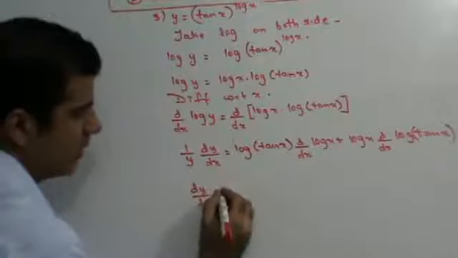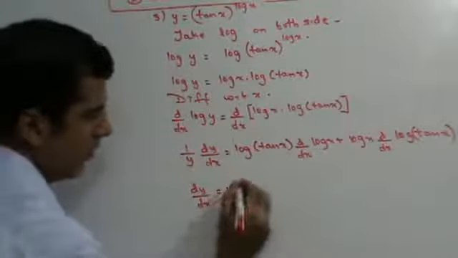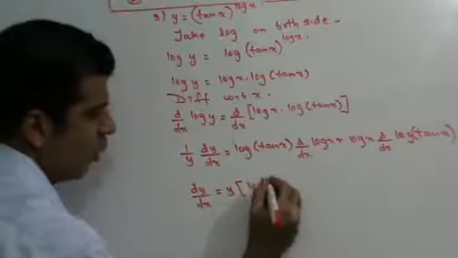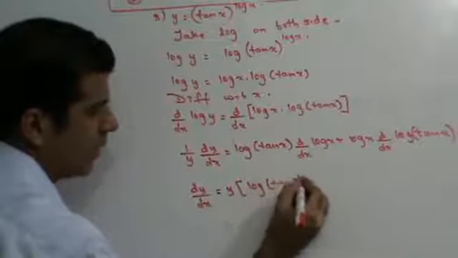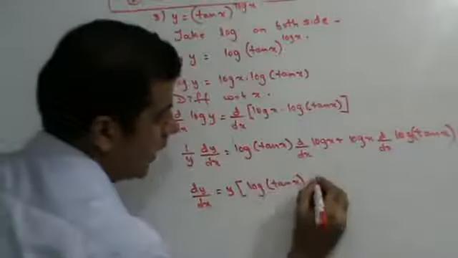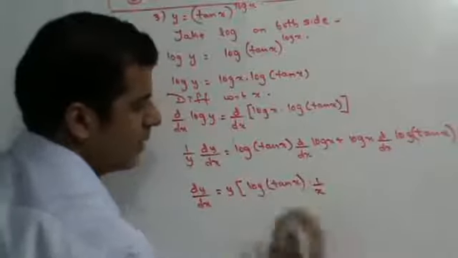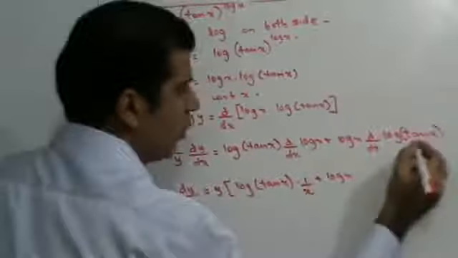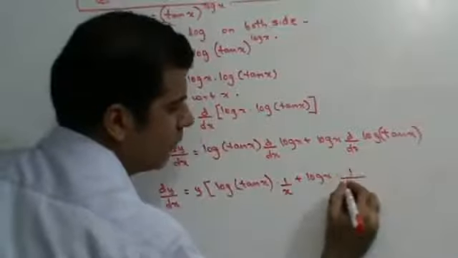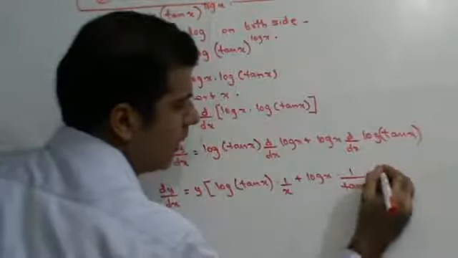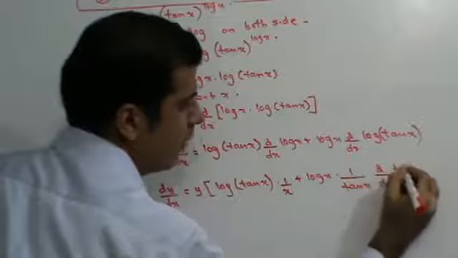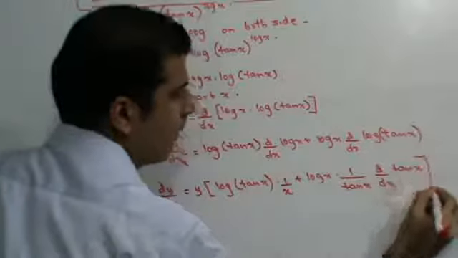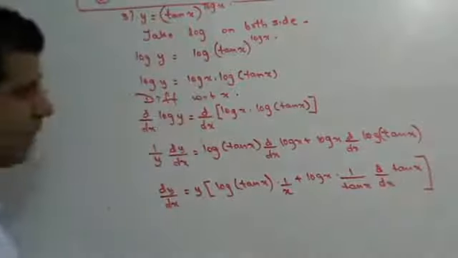When it goes on the other side, it will become multiplication. This is log tan x. d/dx of log x is 1 upon x, plus log x. d/dx of log u is 1 upon u, d/dx of u. Right? Do we get this in here?